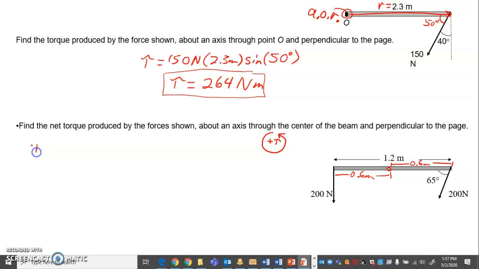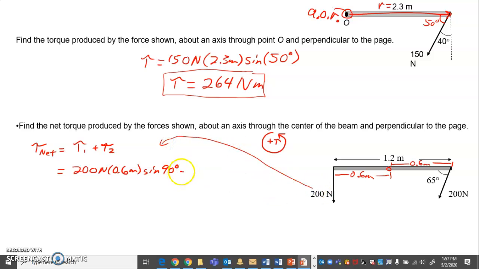So the net torque is equal to torque 1 plus torque 2, which is equal to 200 newtons times 0.6 meters times the sine of 90 degrees. So that's based on this one. Minus 200 newtons times 0.6 meters times the sine of 65 degrees.